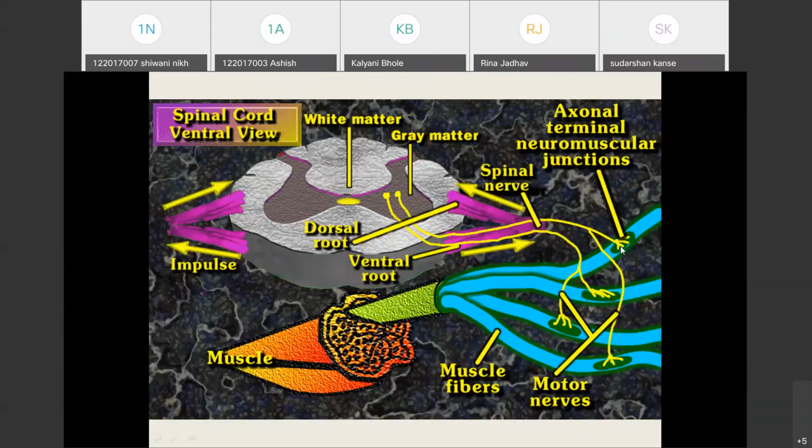It has a network: a big neuron is divided into smaller branches, and again smaller. Likewise, at the tip of this network, one biochemical substance is generated, and that biochemical substance gives a signal to the muscle. Now you have to contract or you have to relax. So this is how the functioning of the neuron with muscles happens.